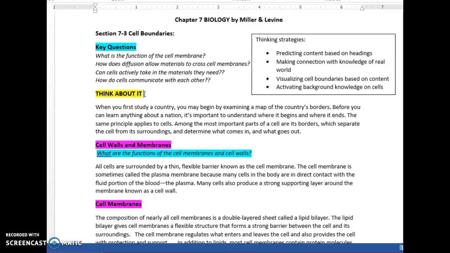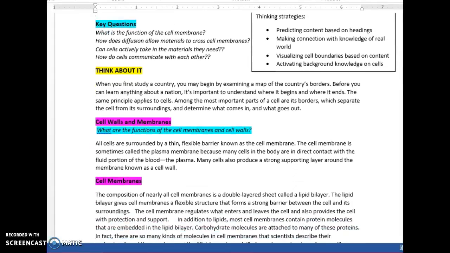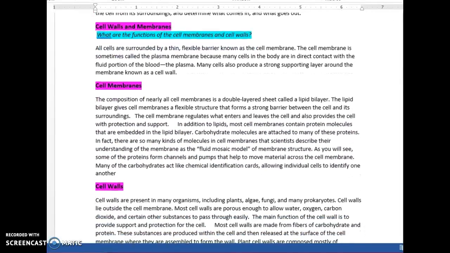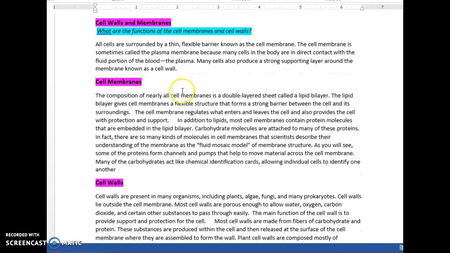And when I read that last sentence, where the border determines what comes in and what goes out, I think about diffusion in that second question of the key questions, and how do materials pass across cell membranes. So I'm predicting as well as making connections to the real world and visualizing what these cell boundaries do on a day-to-day basis for a cell.